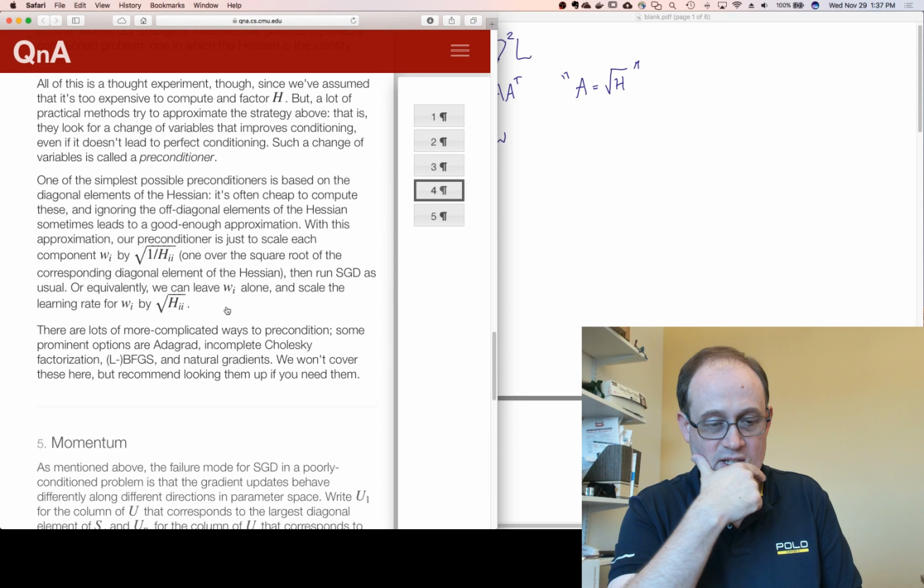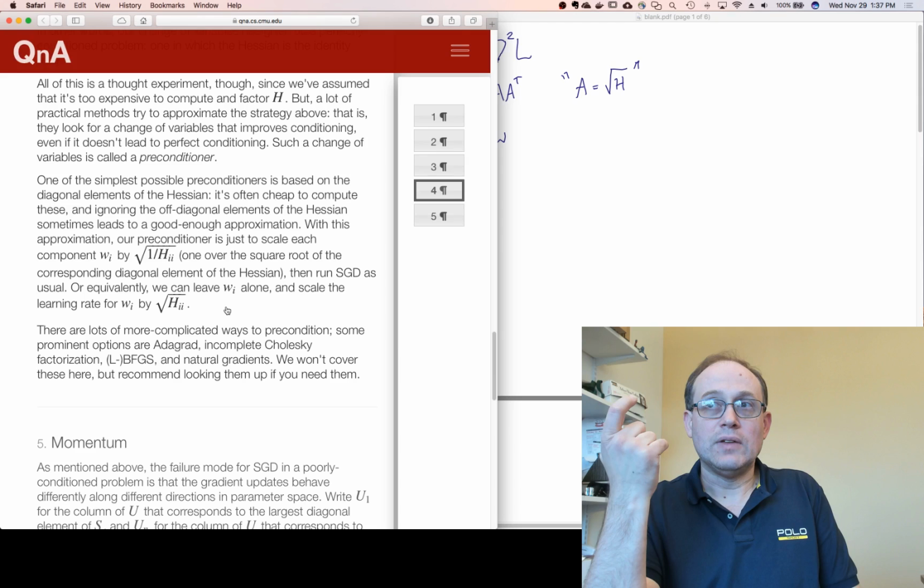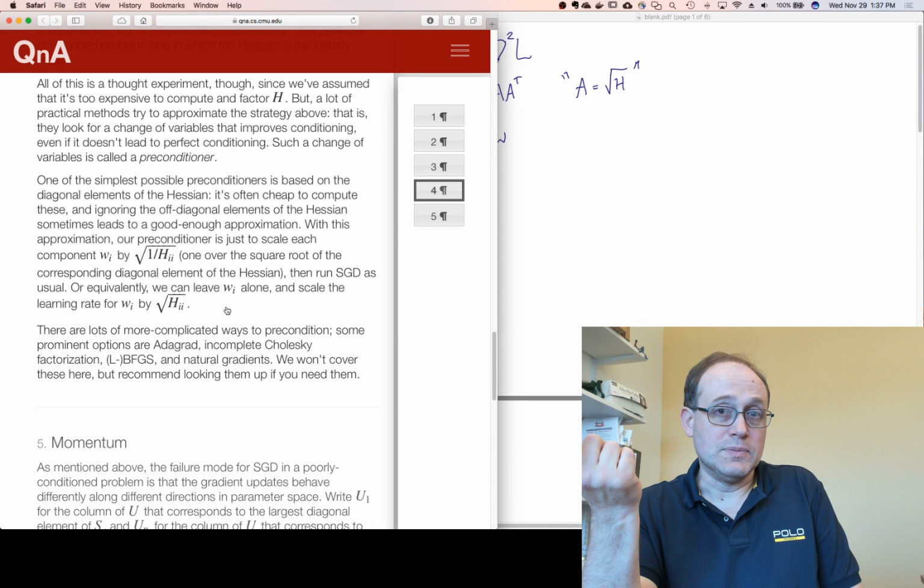This is obviously losing some information, because the off-diagonal elements of the second derivative matrix mean something.